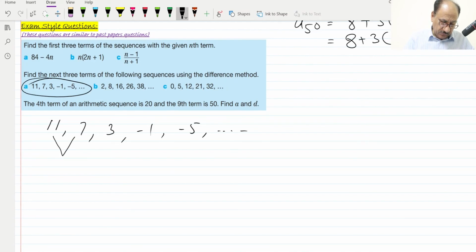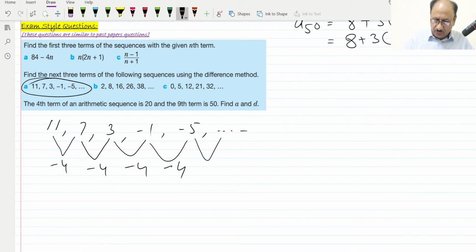So we can subtract, 7 minus 11 will be minus 4, so we can write here minus 4. Similarly, this will be minus 4, this will be minus 4, and if we check, this is also minus 4. So the next term also we can write by subtracting 4, and so the next term will be what?